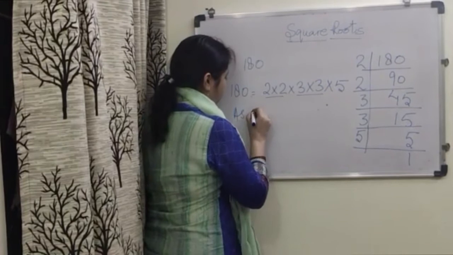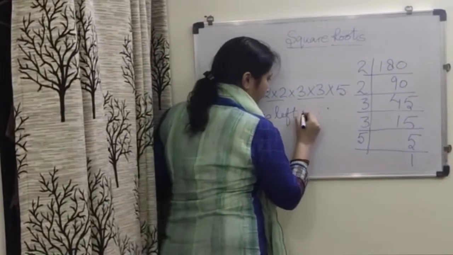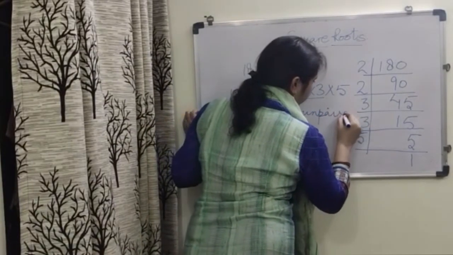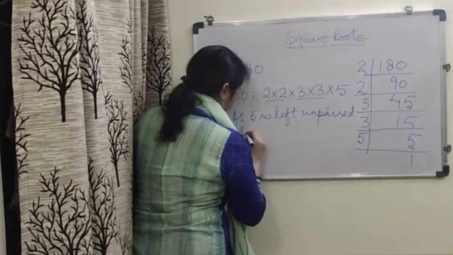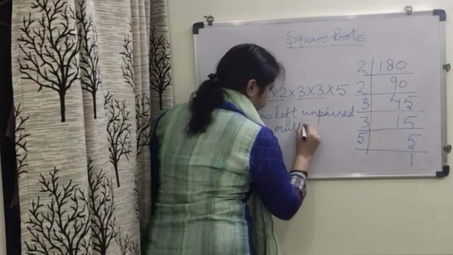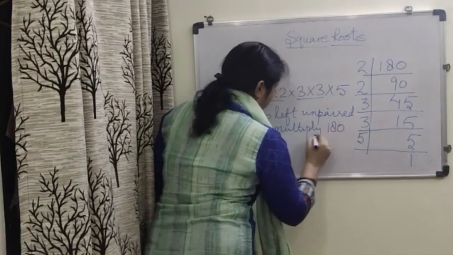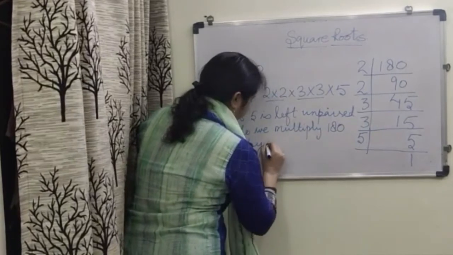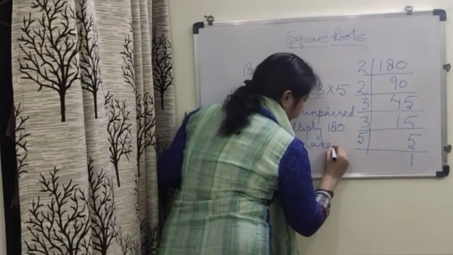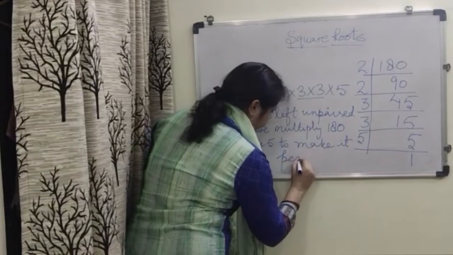As 5 is left unpaired, so we multiply 180 by 5 to make it a perfect square.